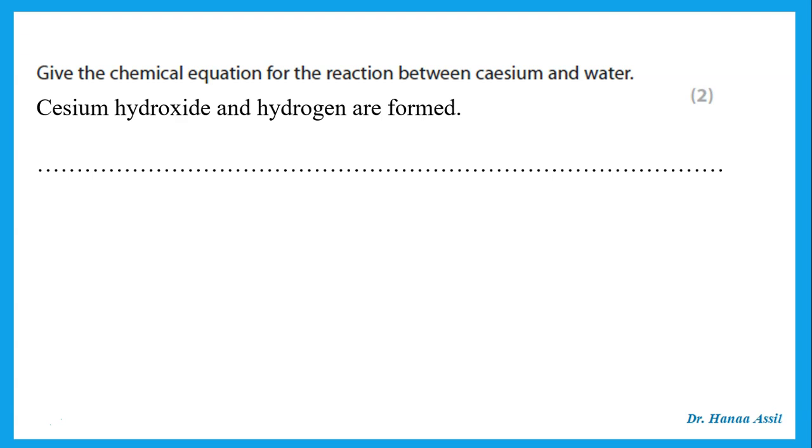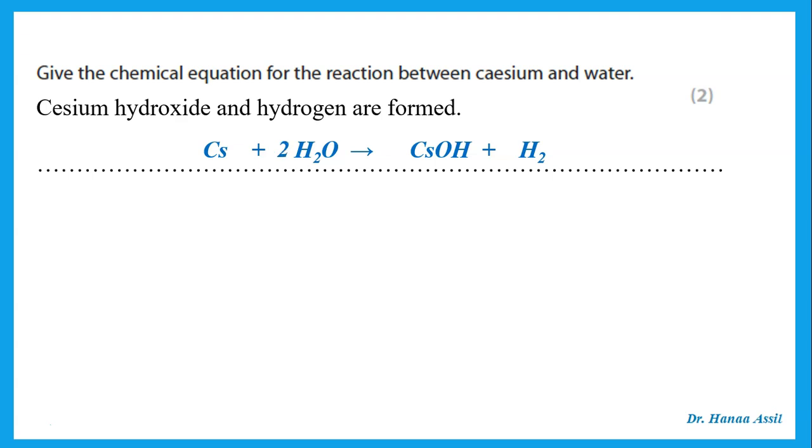Here the question says give chemical equation for reaction between cesium and water, and we should know cesium plus water gives cesium hydroxide plus hydrogen. So we write the symbol equation first, and then we need to balance. 1 cesium before the arrow, 1 cesium after the arrow. Now 2 hydrogens before the arrow, we have a total of 3 hydrogens after the arrow.